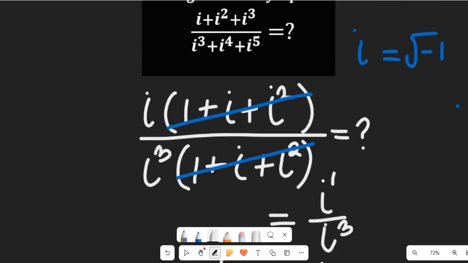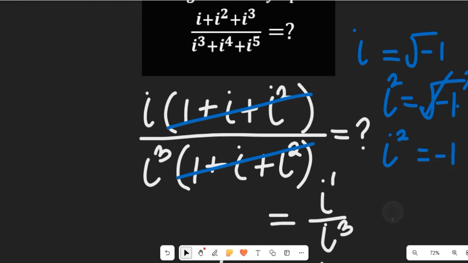We have i equal to the square root of -1. Then, taking the square of both sides, the square cancels out the square root. Then our i² will simply be equal to -1.